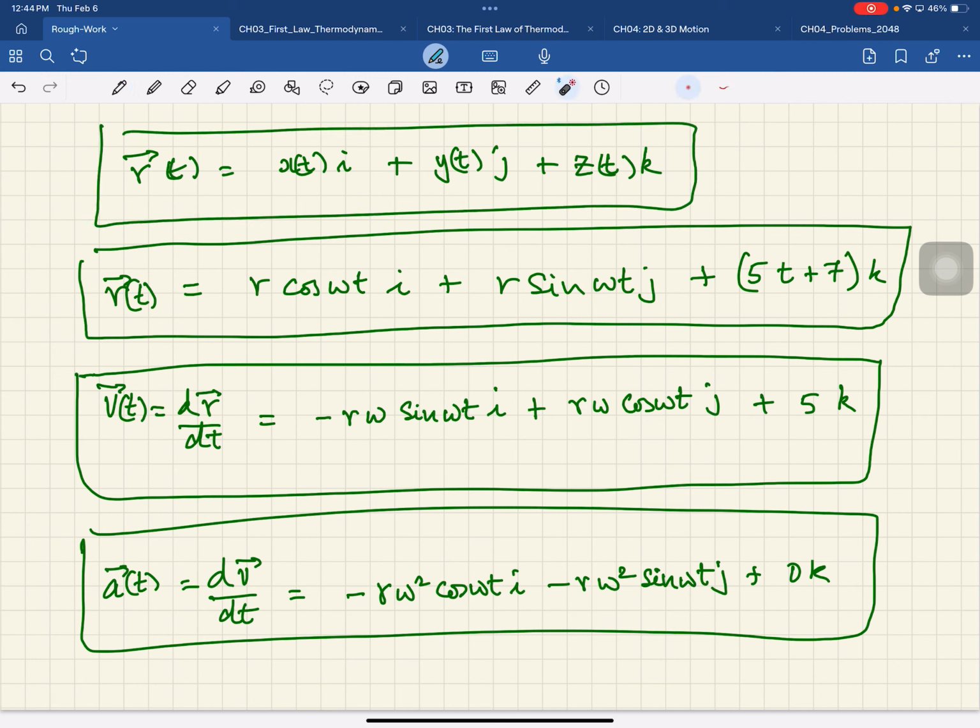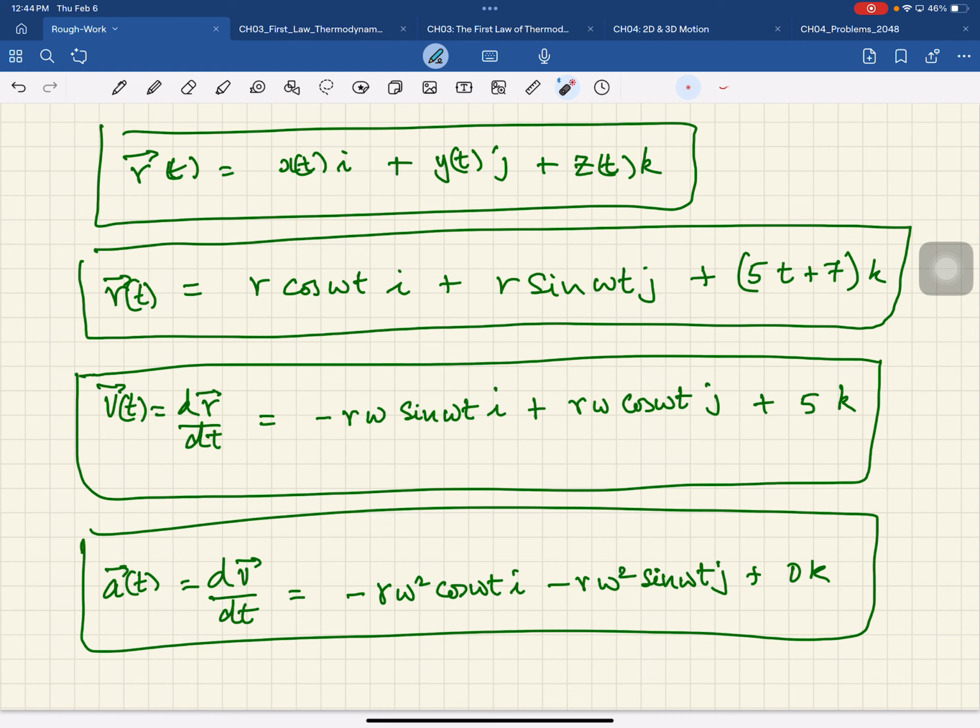So you want to describe a general motion, you give me a general 3D motion, give me these three functions, and then I know how to calculate what I need to know. This is a complete description of the motion. You're giving me three functions. I can calculate the velocity and the acceleration. How many different kinds of motions are there? Infinite. As many functions as you can think of.